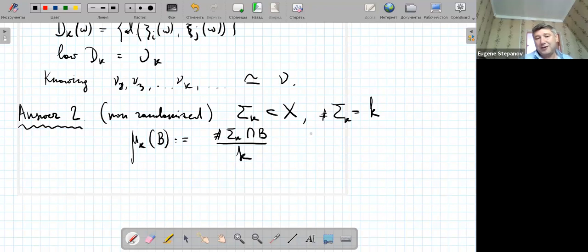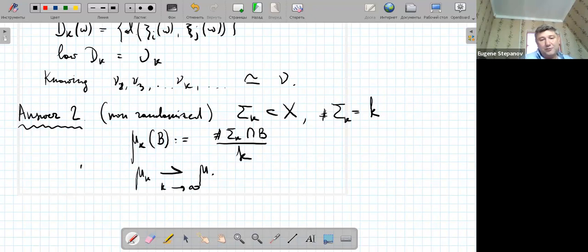So those are empirical measures. People in measure theory will usually like to call it the sum of deltas in the points of sigma k. You have to take sigma k so that those mu k converge weakly, in the sense of measures, as k goes to infinity, to the measure mu.